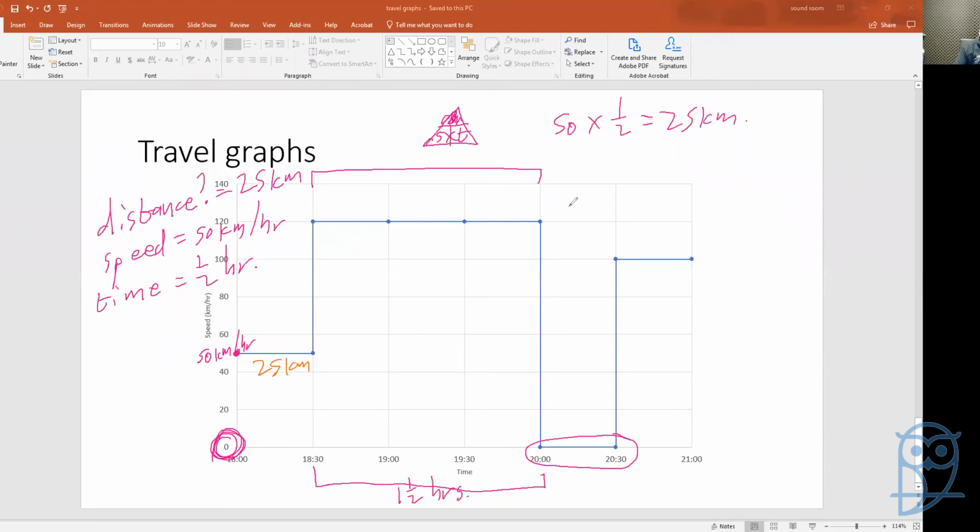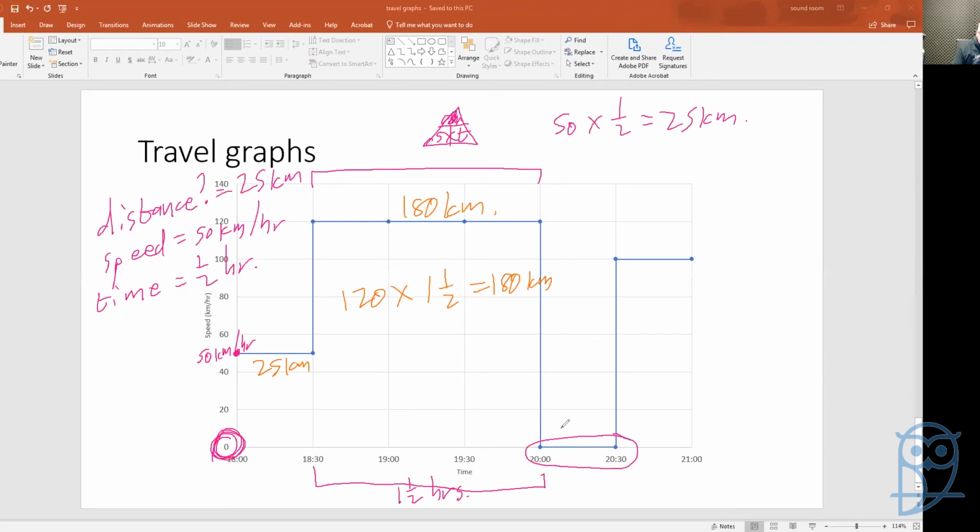This is 1.5 hours at 120 k's an hour. So that's 120 times 1.5 hours. That is 180 kilometers. So 1 hour, he traveled 120 kilometers. And then another half an hour would be half of 120, which is 60. 60 and 120 make 180.